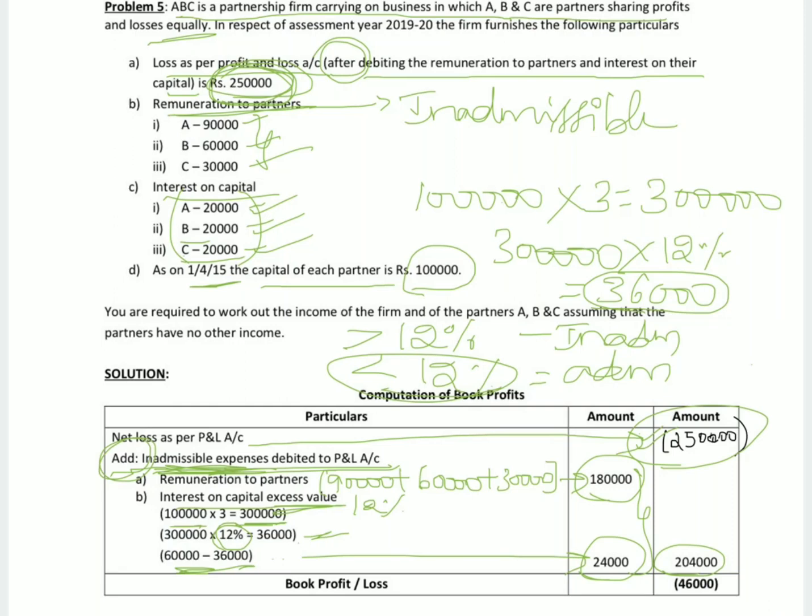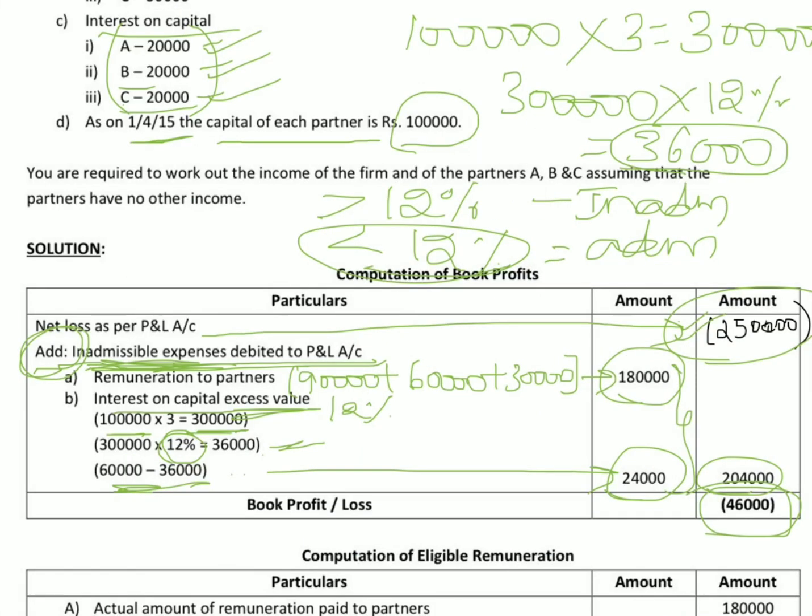When you add 2,04,000 to that value, that is minus 2,50,000 plus 2,04,000, you will get minus 46,000. Okay, in the question they have asked us to work out the income of the firm.